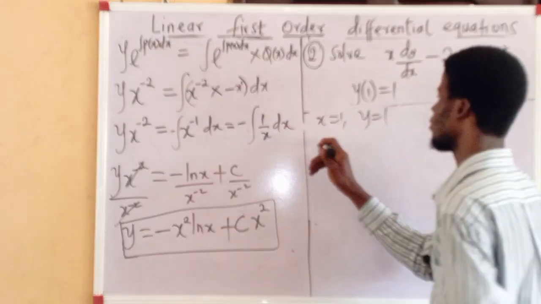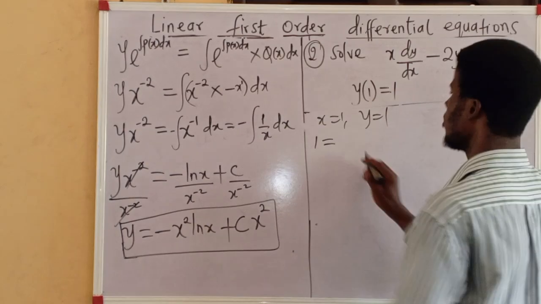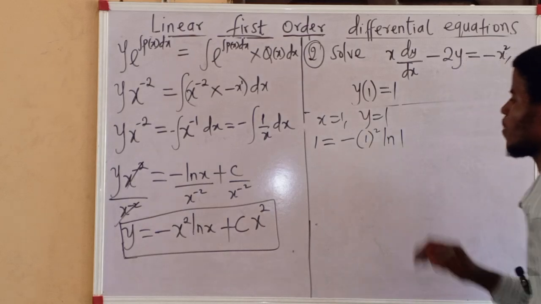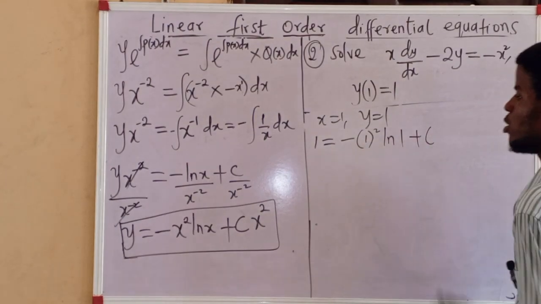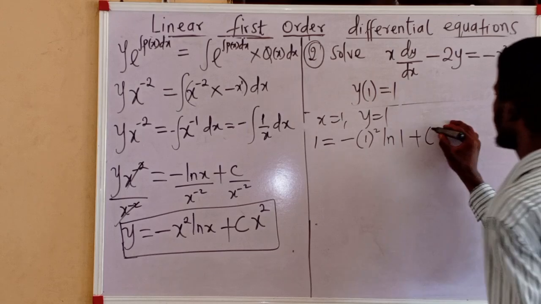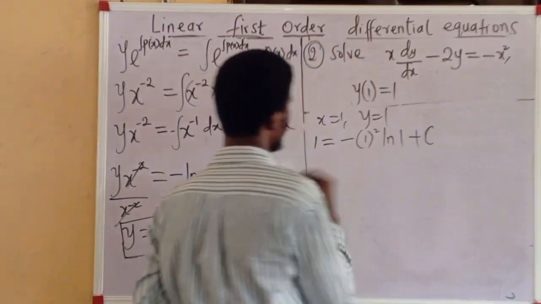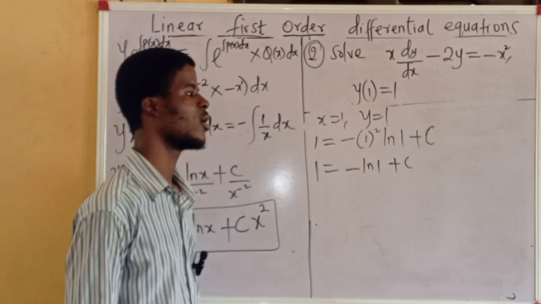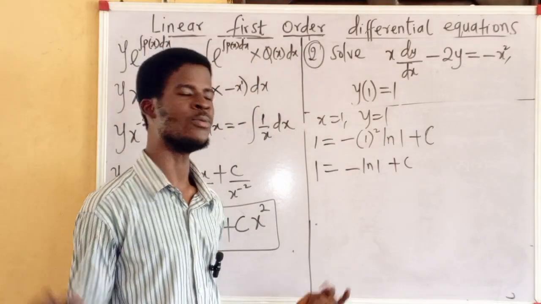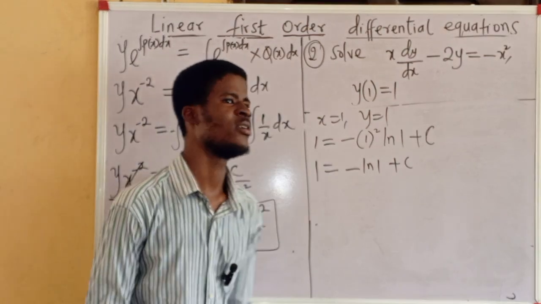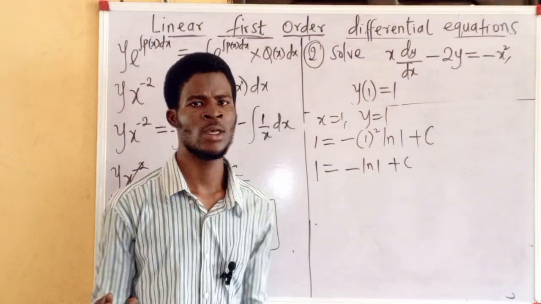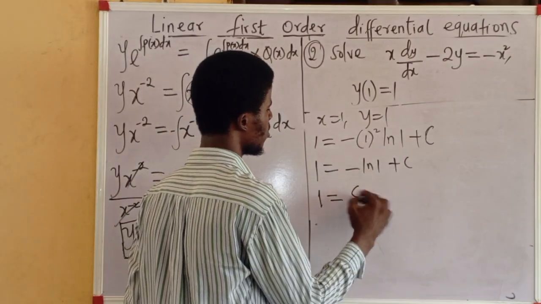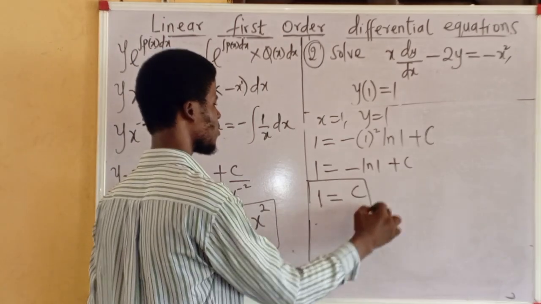So 1 is equal to minus 1 squared, x is 1, ln 1 plus c times 1, which is c. 1 squared is 1. So this is 1 equal to minus ln 1 plus c. What is ln 1? Ln 1 is actually 0. Generally, log 1 to any base is 0. So this is 1 equal to 0 plus c. C is actually equal to 1.